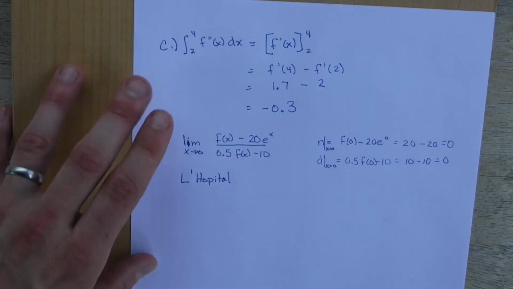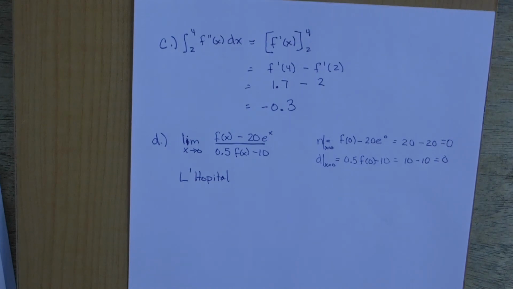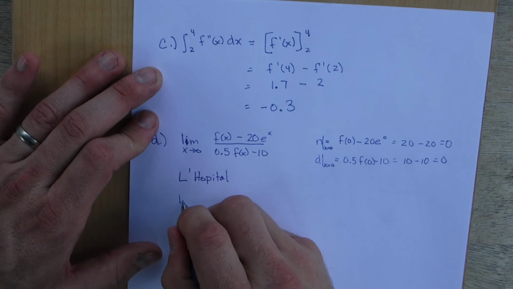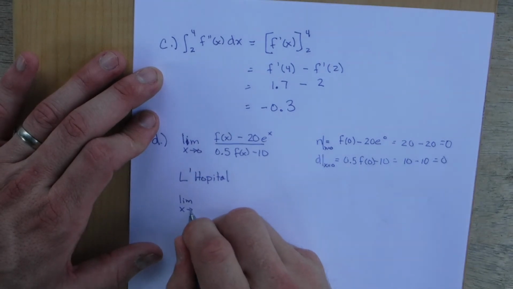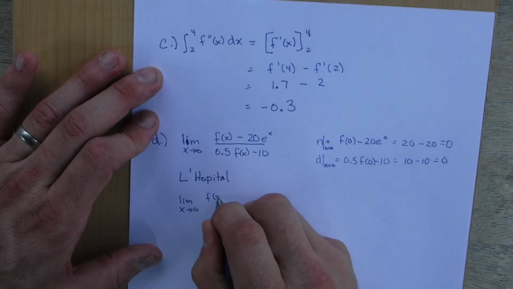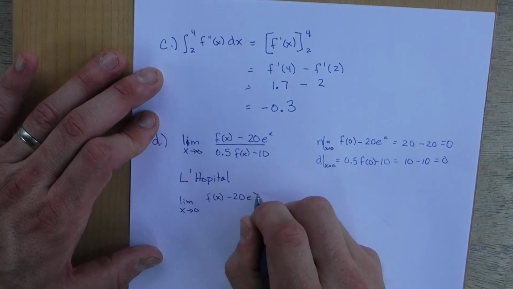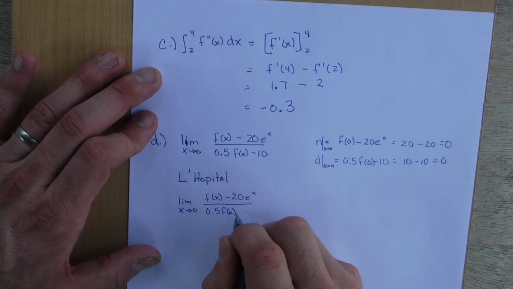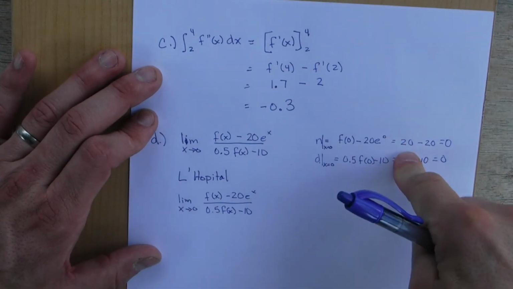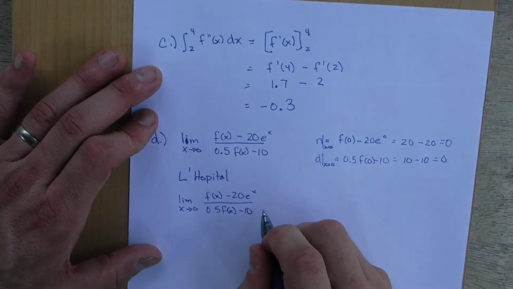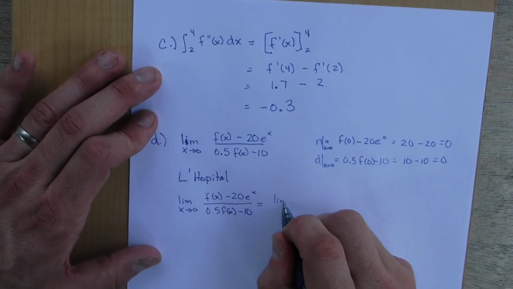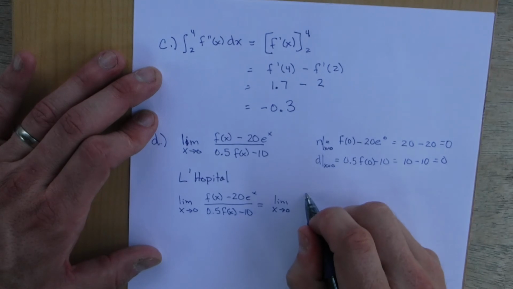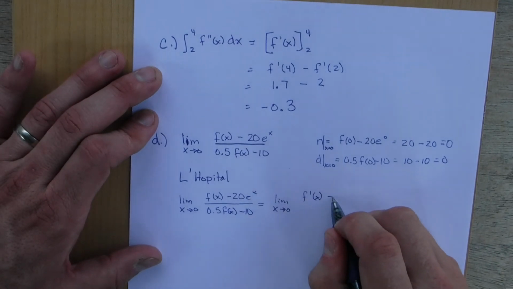I'm probably sure I misspelled that. L'Hopital says that because the numerator is 0 and the denominator is 0, this is equal to the derivative of the top, so that would be f prime minus e to the x.